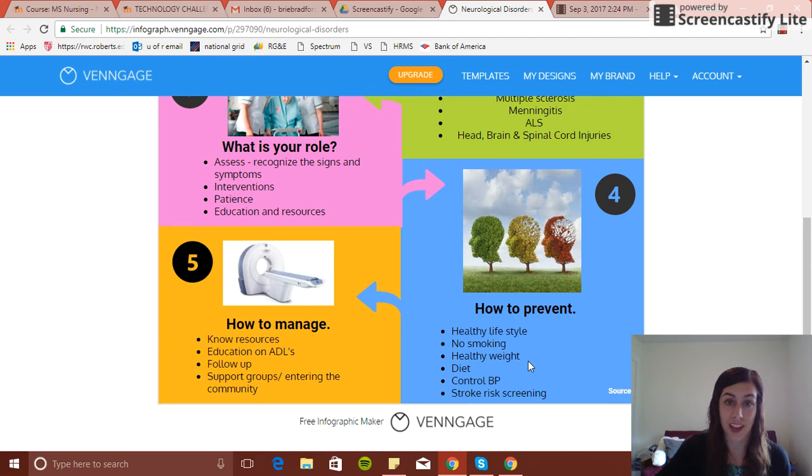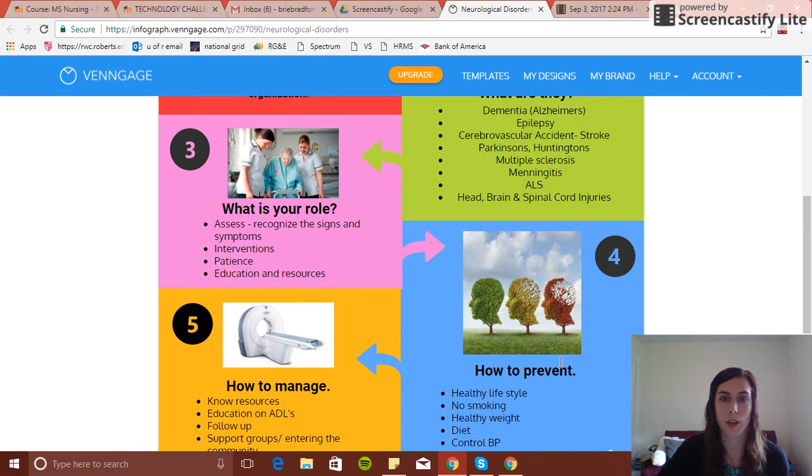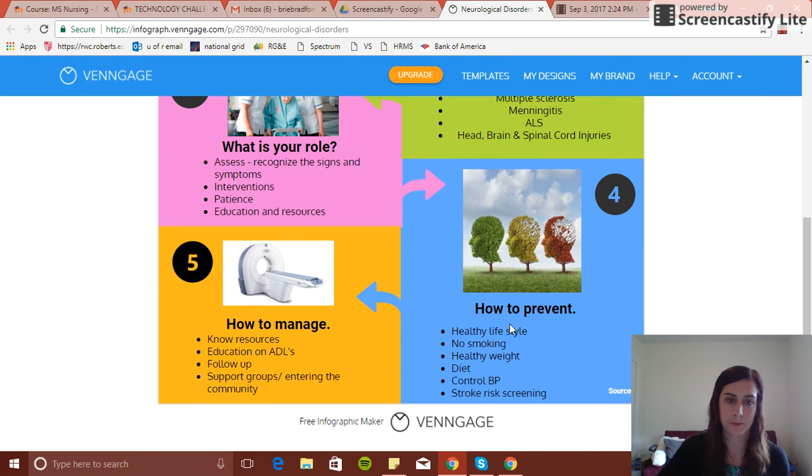But on top of that, you still need to control your blood pressure, eat a healthy diet, maintain a healthy weight, and quit smoking, because that hardens our arteries and makes it more likely that you will have plaque or something that breaks off and creates a clot, and or just degenerative changes in your brain that put you at risk for dementia. So there's lots to think about in preventing and moving forward with that.